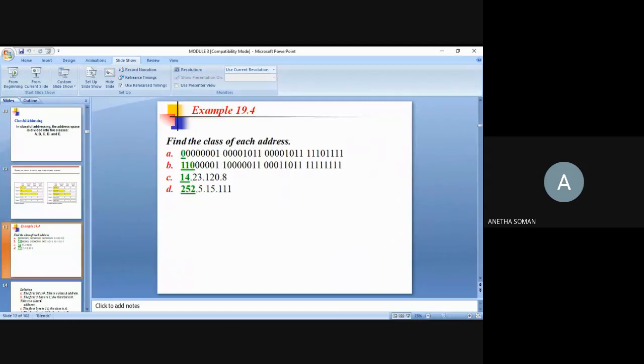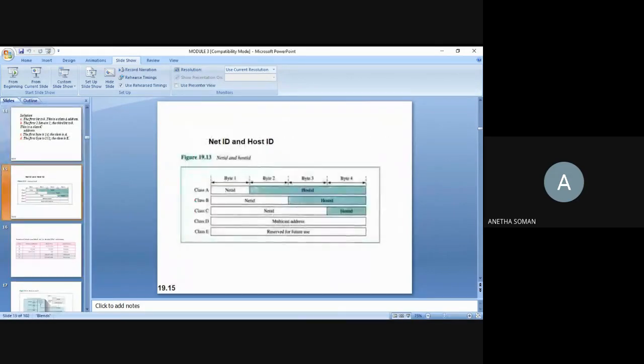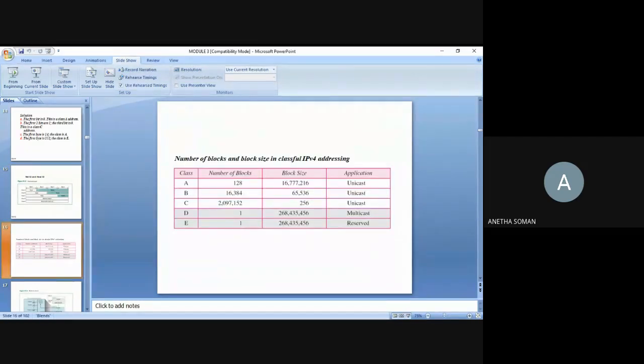Okay. Now also you have seen the importance of net ID and host ID, and the length of the net ID and the host ID varies between classes. Okay. So when I am telling the concept, you just recollect what we have learned. Okay. And also I have told you there are fixed block sizes as well as a fixed number of blocks in IPv4 addressing.